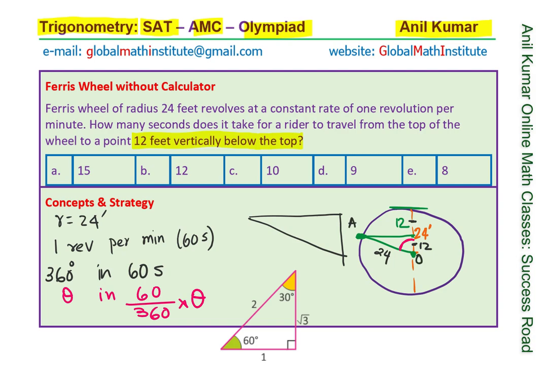So OAB, the triangle in the circle, has been enlarged. We know that the radius is 24, which is the hypotenuse, and the side is 12. So adjacent side being 12, hypotenuse being 24, the included angle will be 60 degrees, right? That's a special triangle, 30, 60, 90.